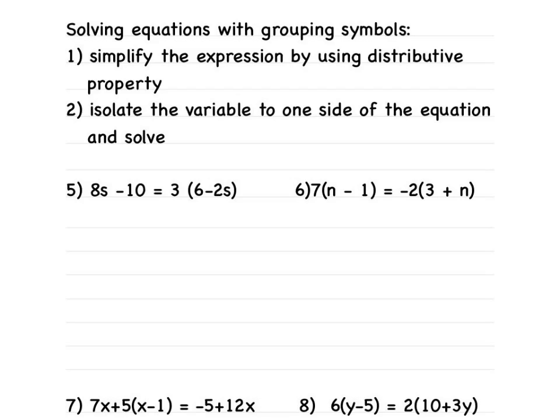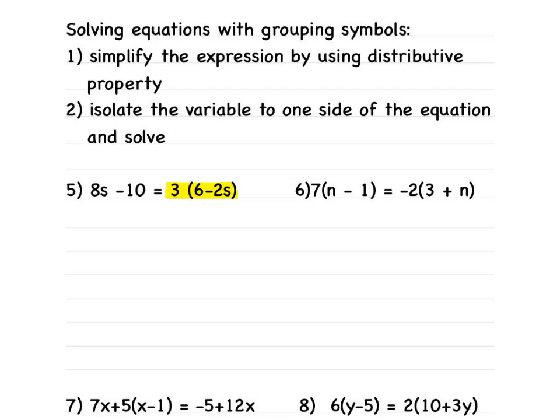Okay, so our first step on number 5, copy it down first. 8s minus 10 is equal to 3, open parentheses, 6 minus 2s, close parentheses. So notice here's my grouping symbol.